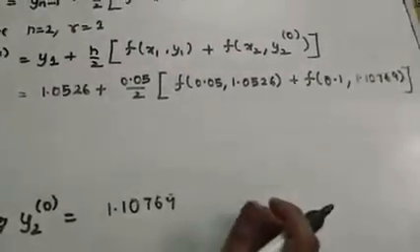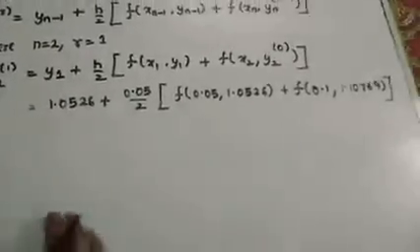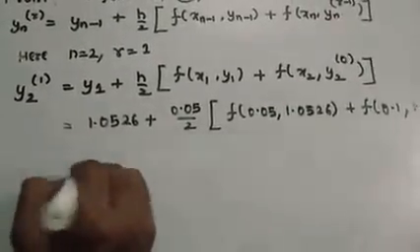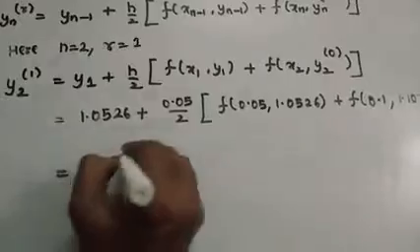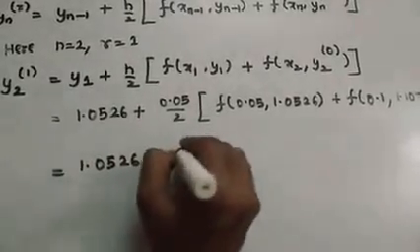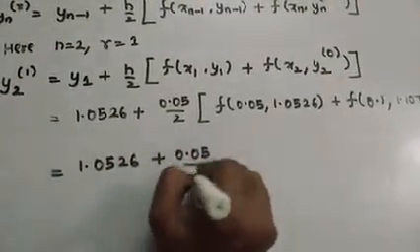Okay, now let us add them. That is 1.0526, 0.05 divided by 2.